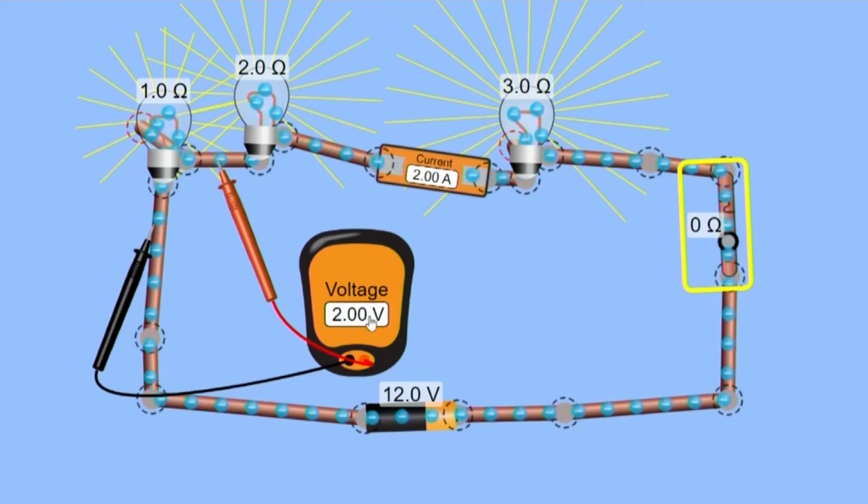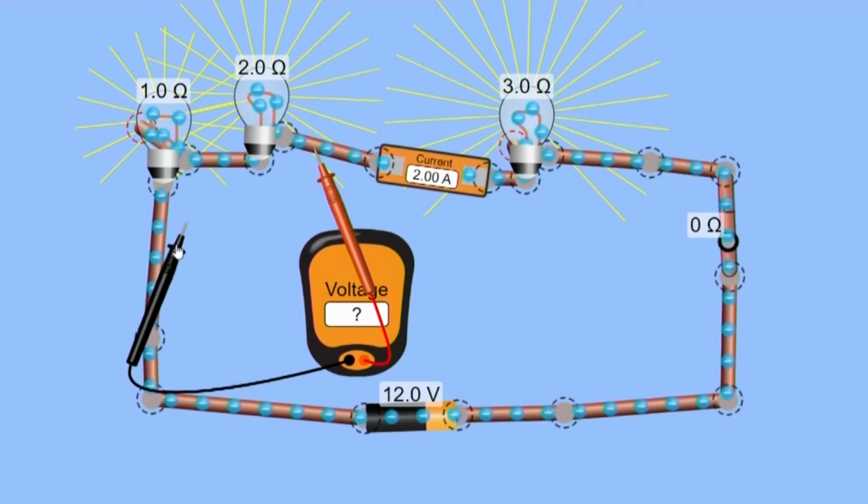At the ends of the 1 ohm resistor we are getting the potential difference as 2 volt. So V is equal to IR. Children, remember, the voltage is 2, the resistance is 1 ohm and the current is 2 ampere, as you can see in the ammeter. So 2 into resistance 1 ohm, we get 2 volt.